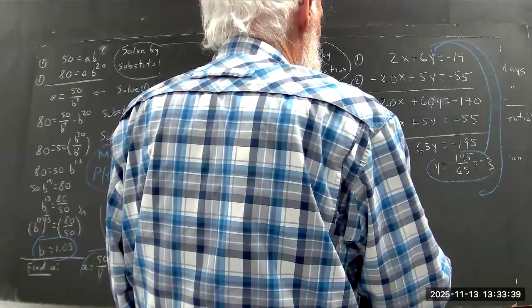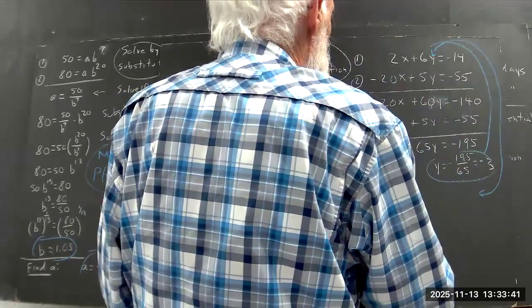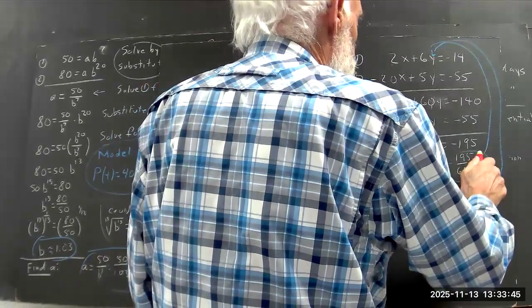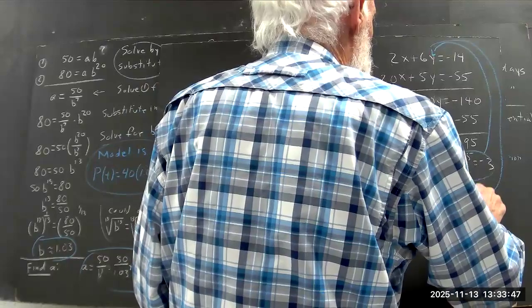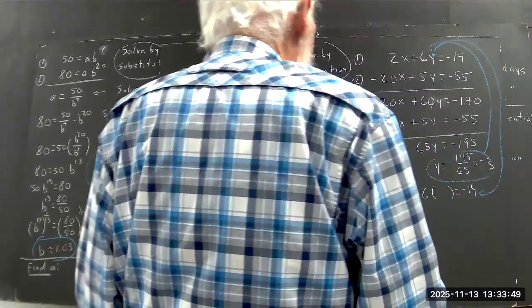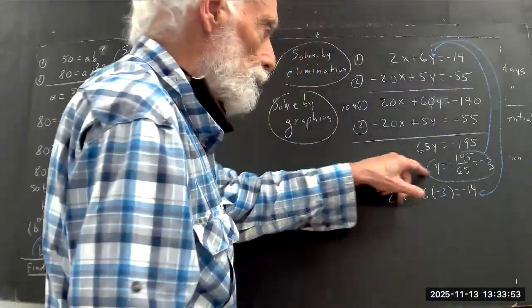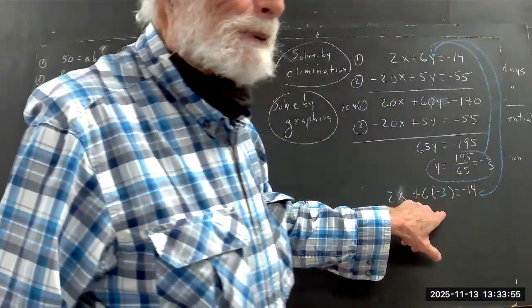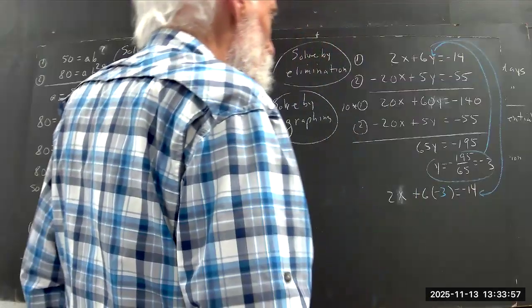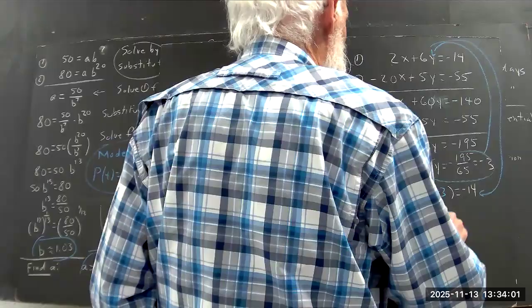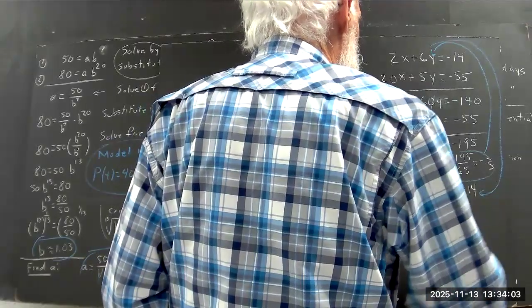And we get 2x plus 6 times negative 3 equals negative 14. And here's our negative 3. I'll make that blue because I've circled it in blue just to keep track, but we don't really need to worry about that. And we get 2x minus 18 equals negative 14.